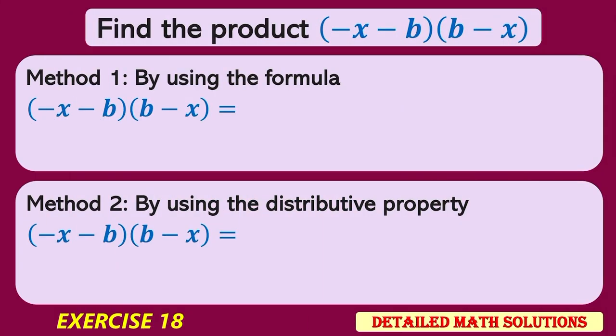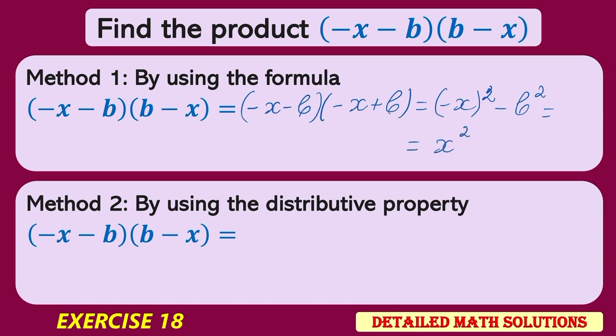And the last exercise is to find the product (minus x minus b) multiplied by (b minus x). Again, I can write this as (minus x minus b) multiplied by (minus x plus b). And when I apply the formula, this equals (minus x) squared minus b squared, which equals x squared minus b squared. Next, I'm going to solve it by using the distributive property.